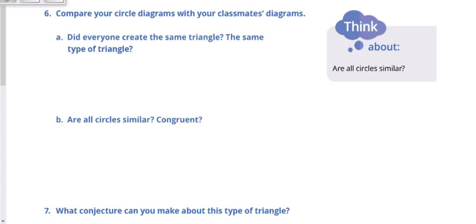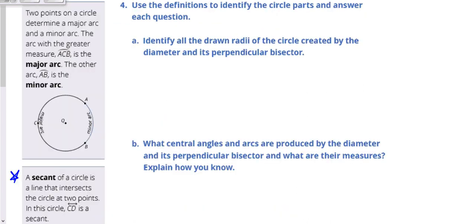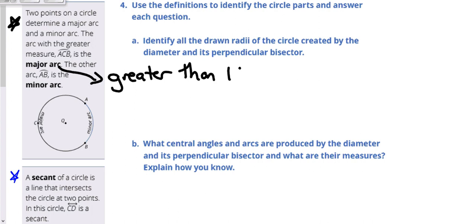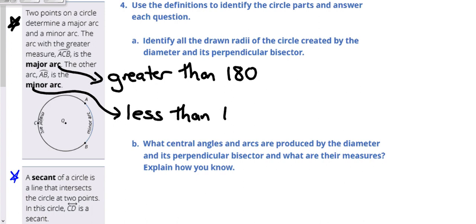Whoops, too far ahead. Not a lot of information on these next pages. The only other thing I want to point out here is there's a little definition here on the major arc and minor arc. A major arc is done with 3 letters, and it is greater than 180 degrees, and a minor arc is less than 180 degrees.